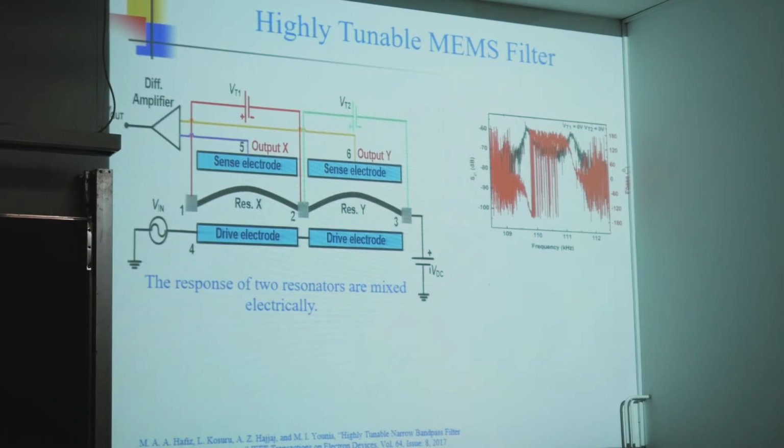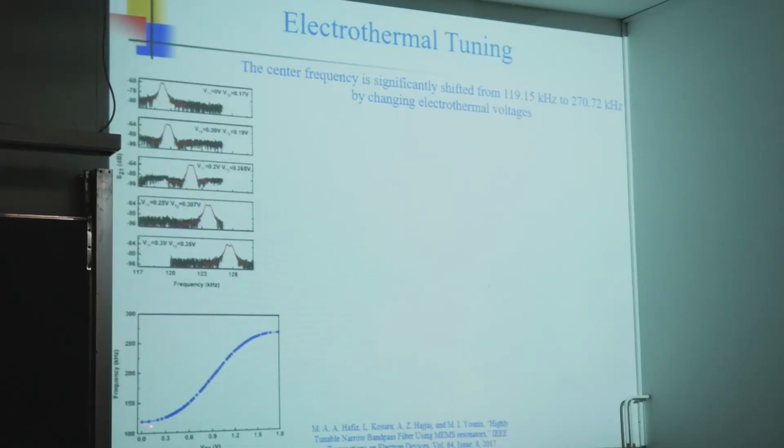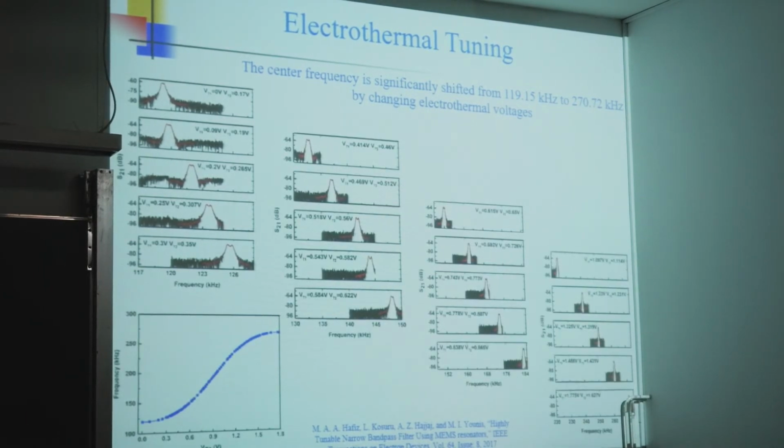If I get them closer to each other and collect their electrical response, then I get a bandpass filter. And that bandpass filter, I can argue it's tunable because I can tune its resonance frequency using electrothermal voltage. So this is what you see here. The center frequency goes from like 120 or 130 kilohertz to 260. And these are the experimental realizations. This is linear.